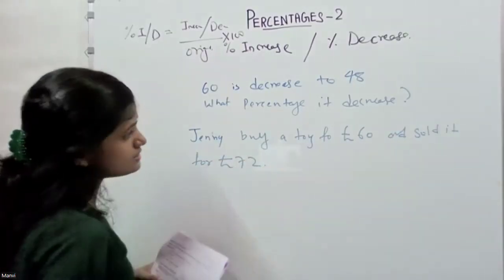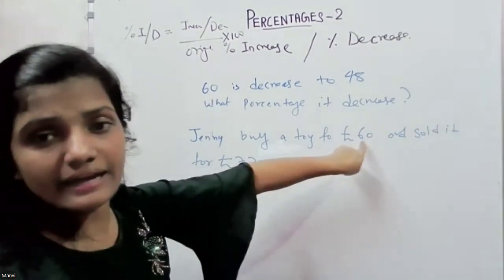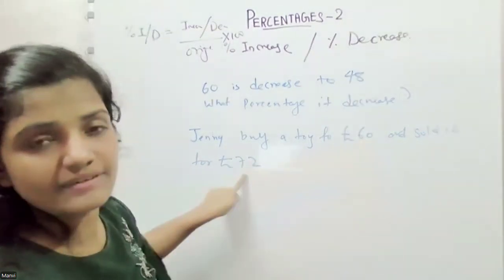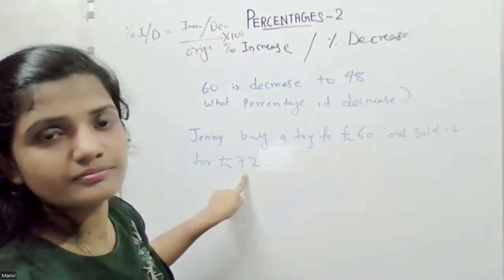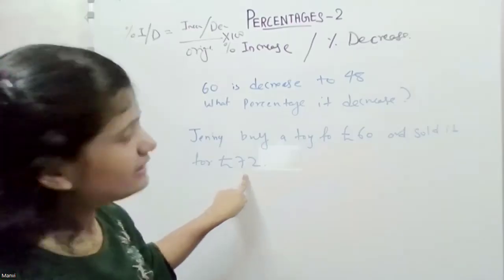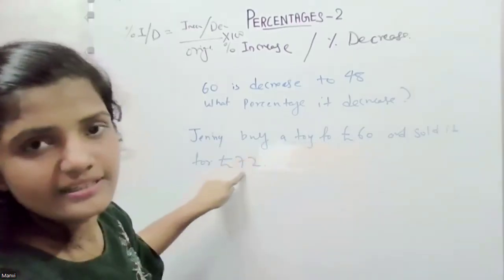If she bought at 60 pound and sold at 72, is she getting profit or loss? Profit, as she bought at 60 and sold at 72.